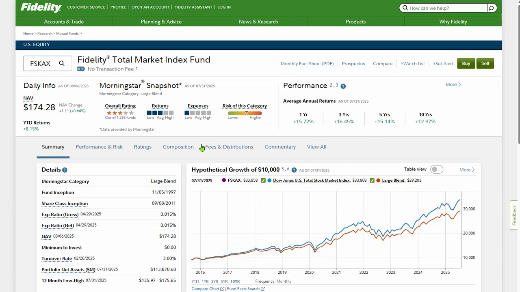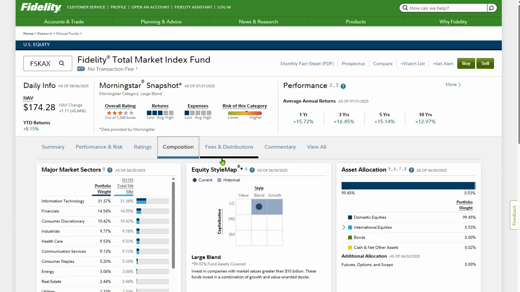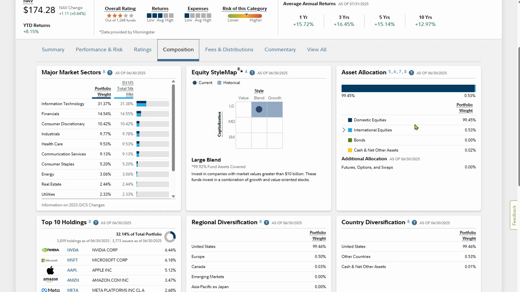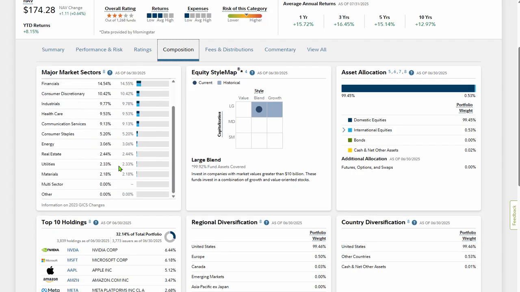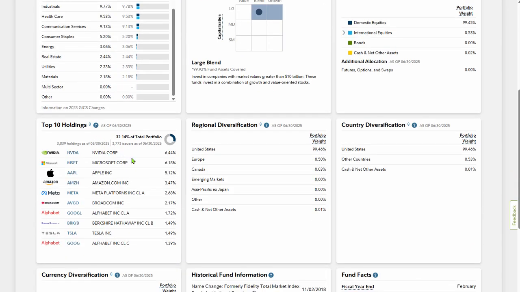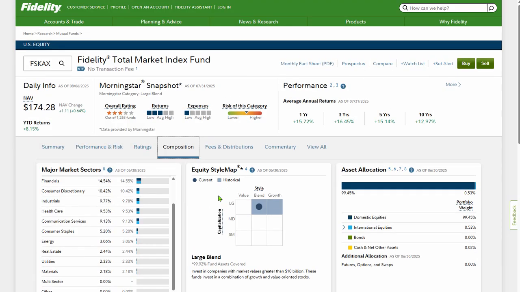And you can also go on to the composition. You can see we're totally 99% in domestic equities. It points out the sectors, and it even lists the top 10 holdings of the fund. And the Vanguard site does the same thing. So this is a good way.